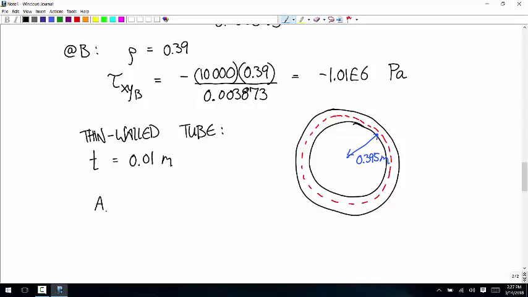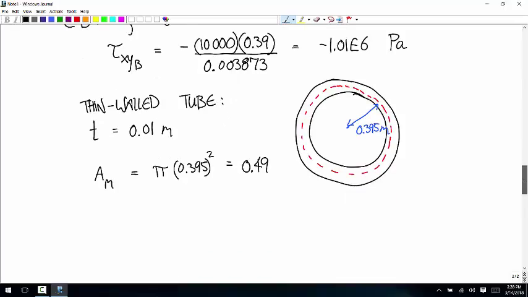And so the area inside the median line is pi times 0.395 squared. What's that? 0.49. And so now plug all this into the formula for the stress.